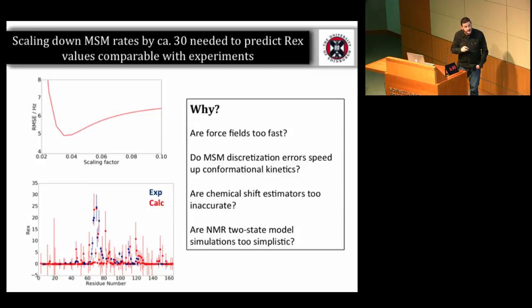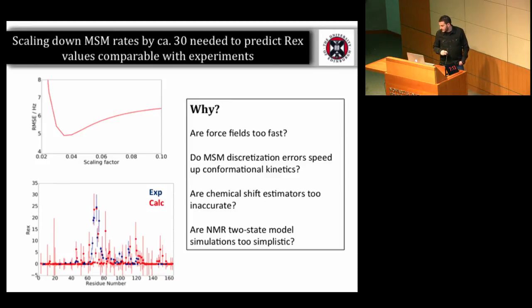It can also be that the chemical shift predictors are not accurate enough. So in this prediction of Rex, of course, the prediction of your chemical shift is important. But we also think that maybe the way that these Rex experiments are designed, where you only consider a two-state model, may be too simplistic, and maybe we should consider multiple states.